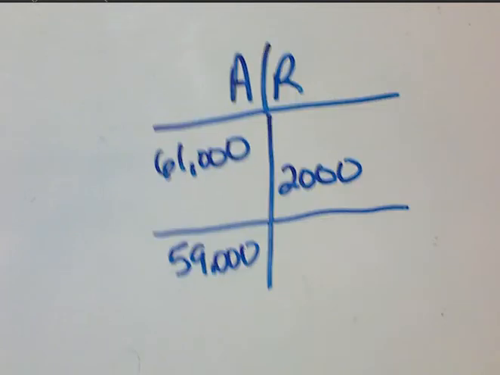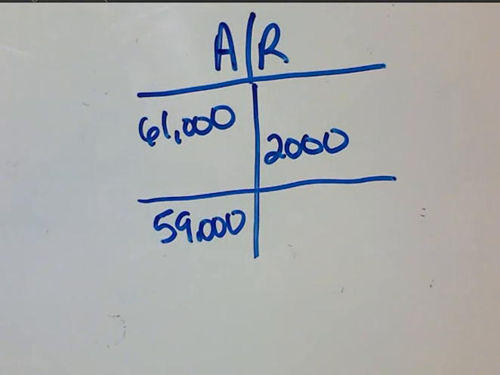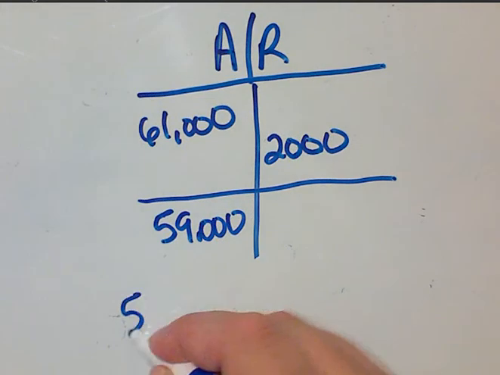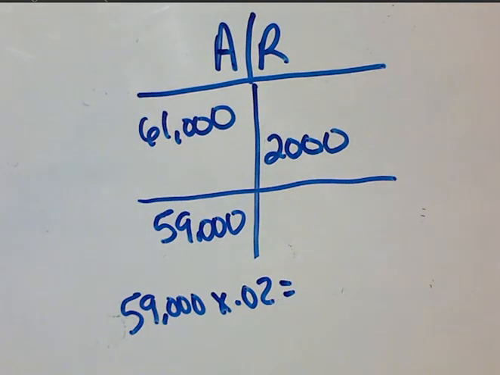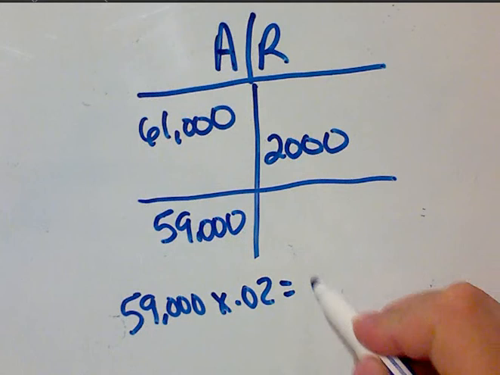But the customer is paying within the cash discount period, so they're going to pay us the amount they owe less the cash discount. And the cash discount was 2%, so $59,000 times 2% equals a cash discount of $1,180.